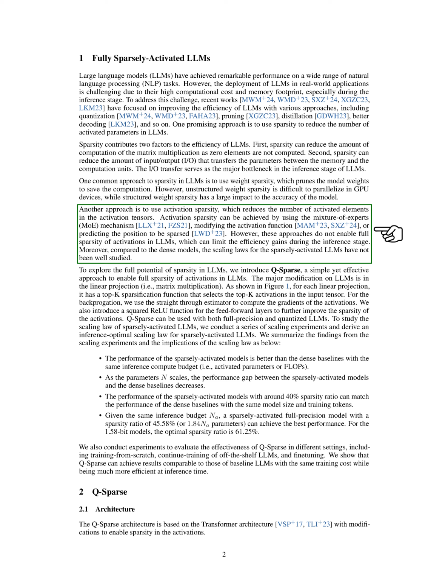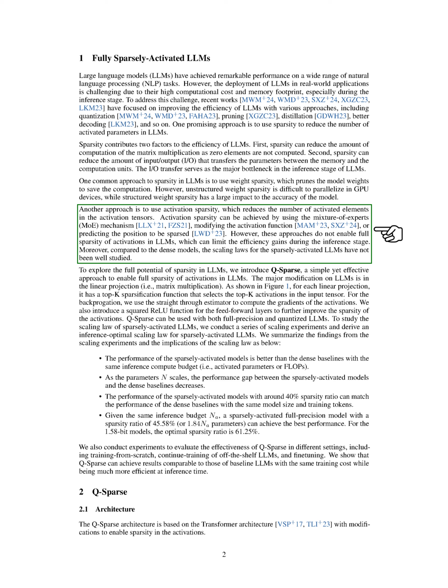Alternatively, we can use activation sparsity, which decreases the number of active elements in the activation tensors. We can achieve activation sparsity through mechanisms like the mixture of experts, MoE, modifying the activation function, or predicting which positions to sparsify.